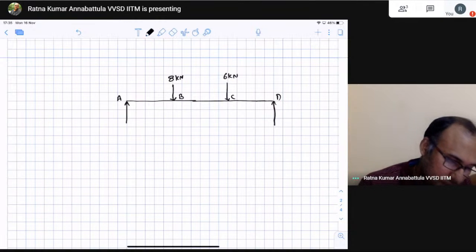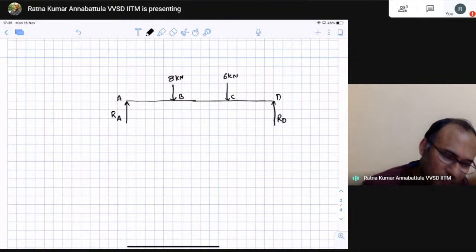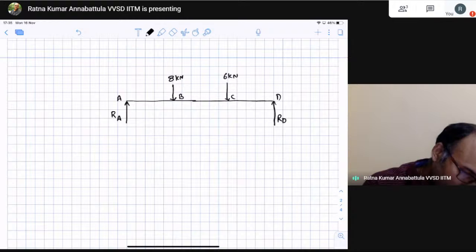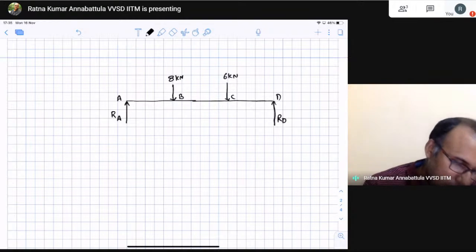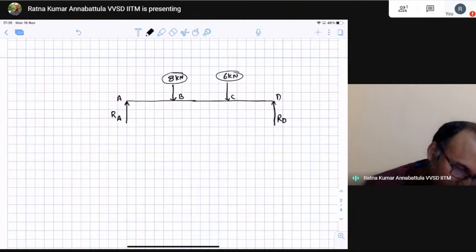Okay, so this I am calling the reaction force at A and the reaction force at D. Because this beam is supported at these two supports and the loads are acting here, there should be some reaction coming from the supports. So this 8 kilonewtons and 6 kilonewtons load has to be balanced by these two reactions.